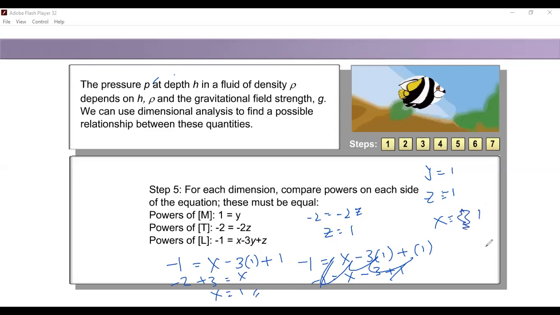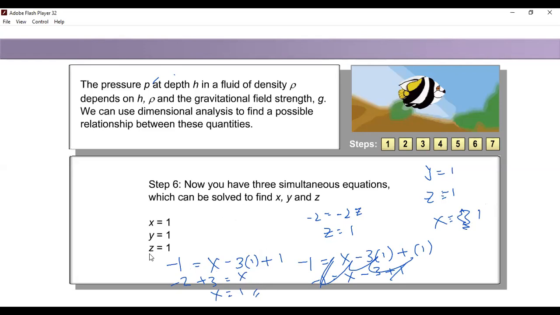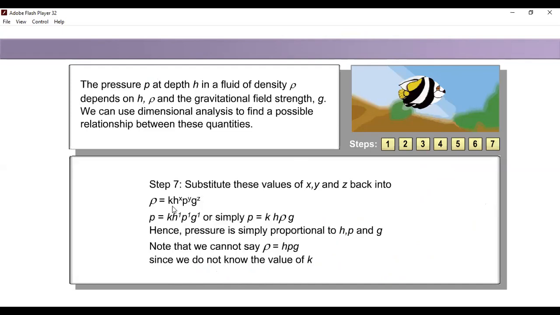So at the end, we get that x is equal to 1 as well. So finally, we get that x, y, z are each equal to 1. So rewrite again into the formula. That means P equal to k rho g h, where x, y, z, each of them are 1.